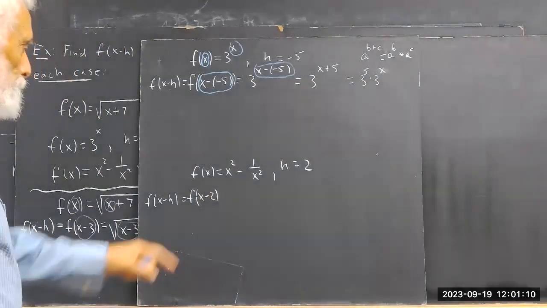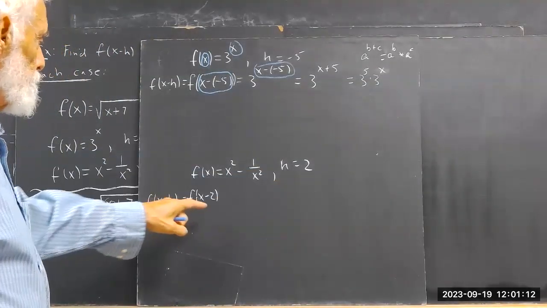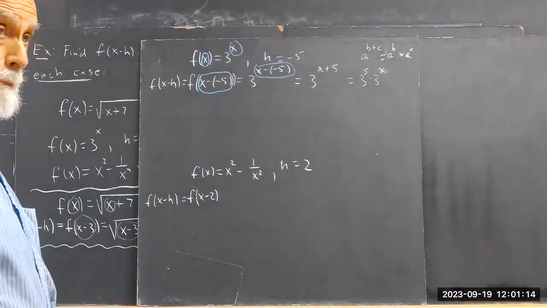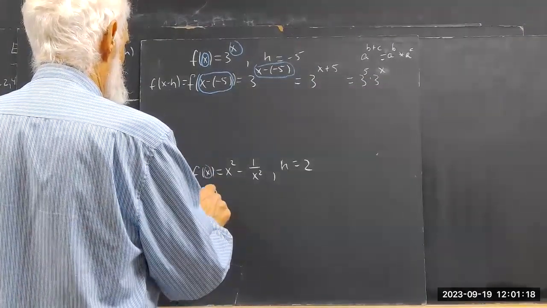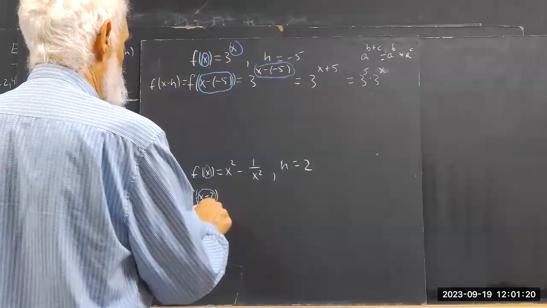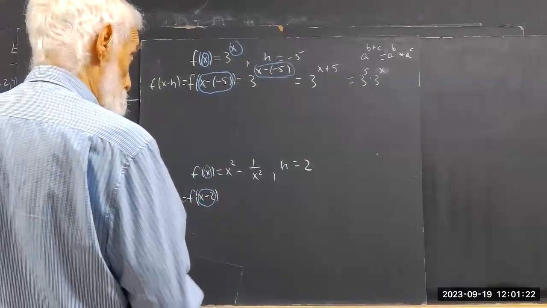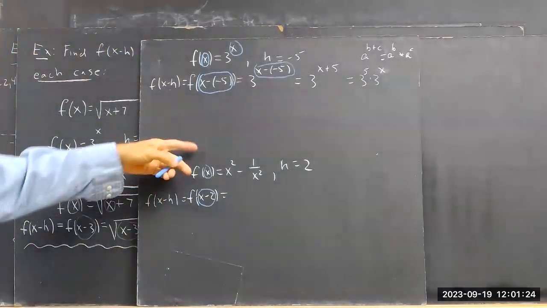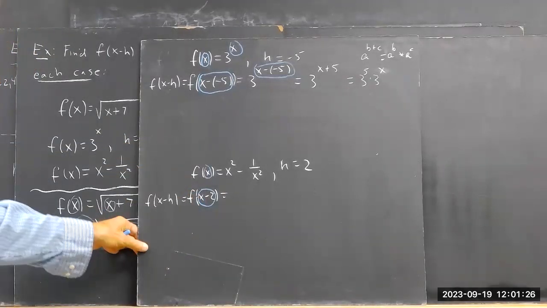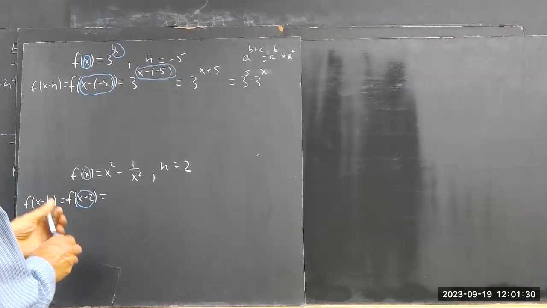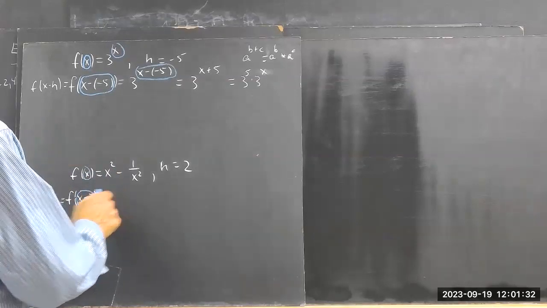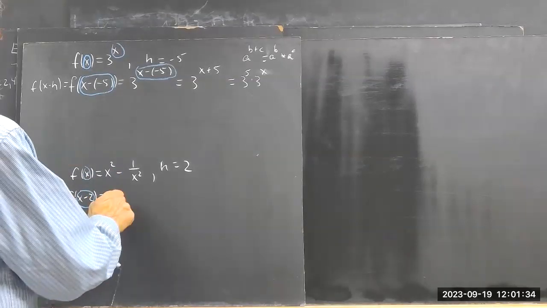okay, f of x minus h equals f of x minus 2. You're not trying to do any algebra. You're just replacing x by x minus 2. When you do that, x squared becomes x minus 2 squared.